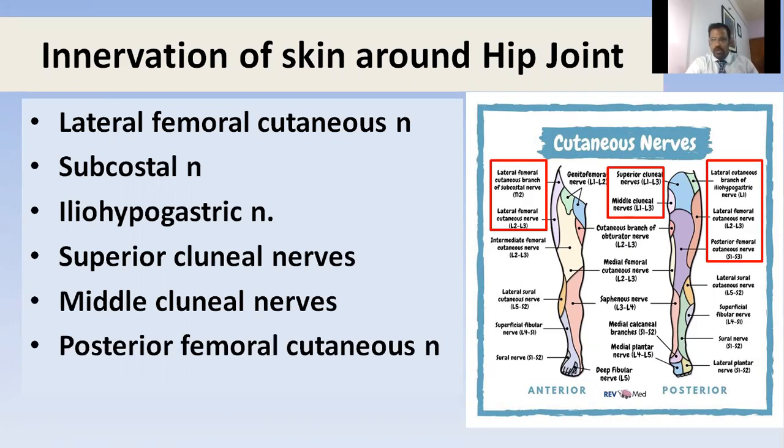Low down is the posterior femoral cutaneous nerve, but usually no incision goes so low, so it is not of much relevance. So these are the five nerves which are more important regarding the dermatomal aspect: the lateral femoral cutaneous, the subcostal, the iliohypogastric, the superior cluneal, and the medial cluneal nerves.